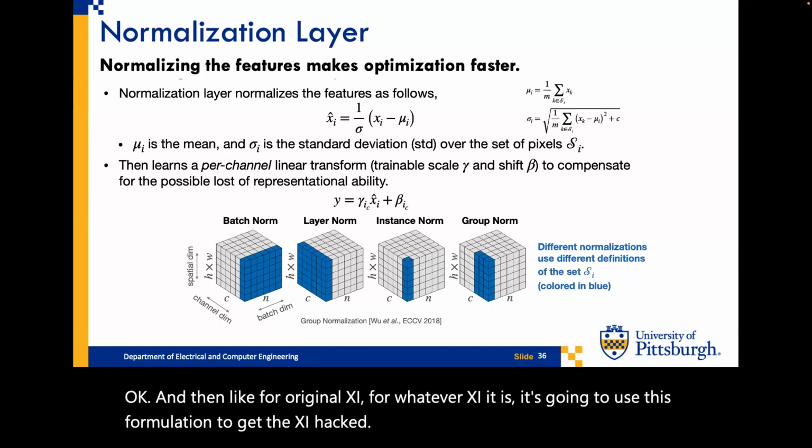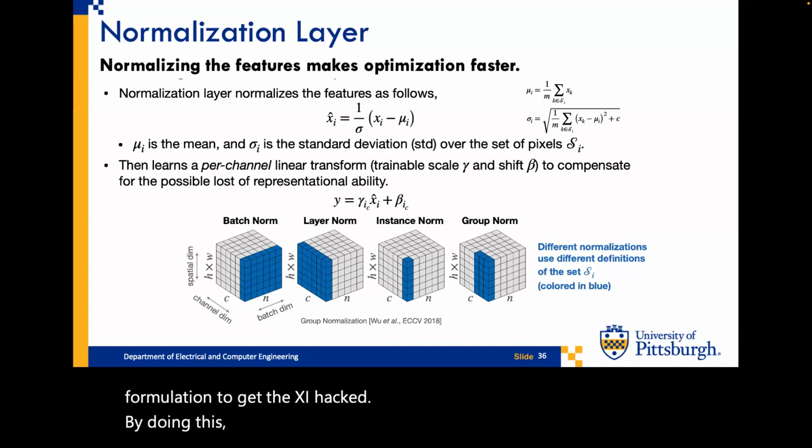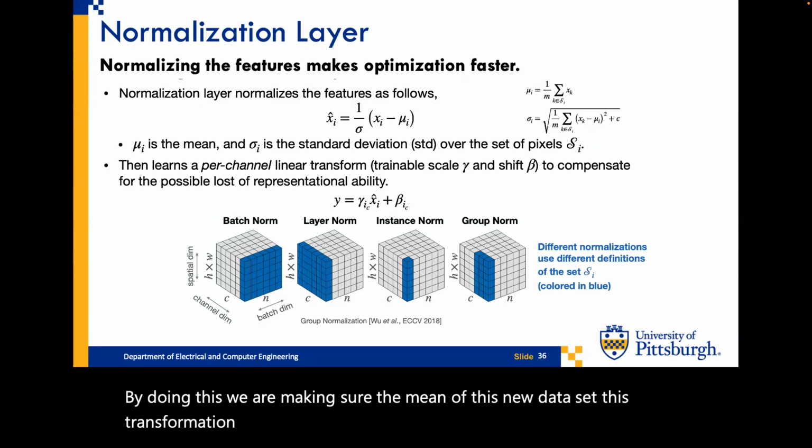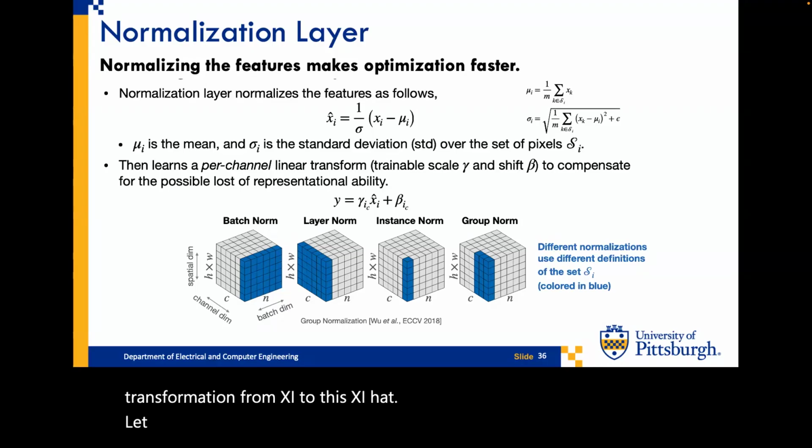By doing this, we are making sure the mean of this new data set, this transformation from xi to xi hat, is controlled. Let me try to visualize this for you guys.